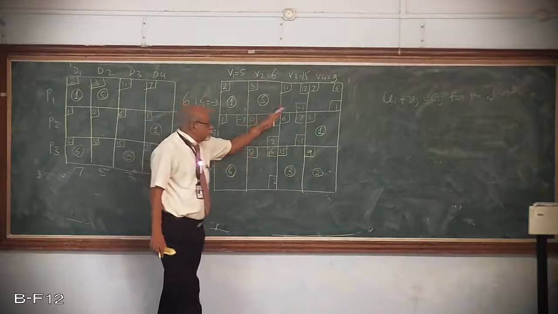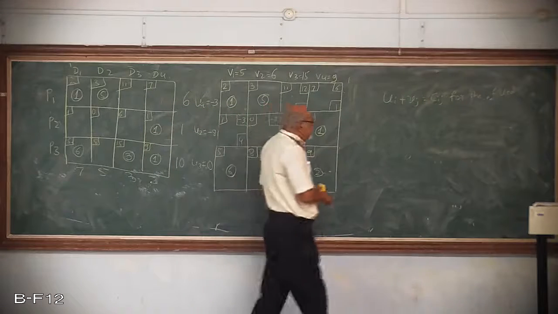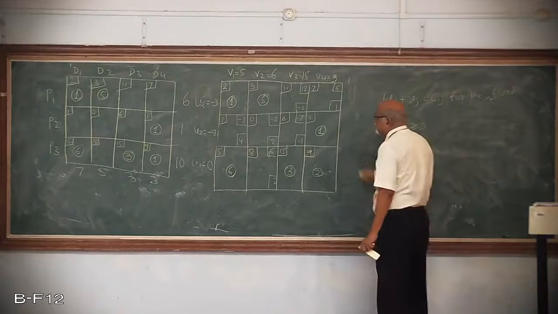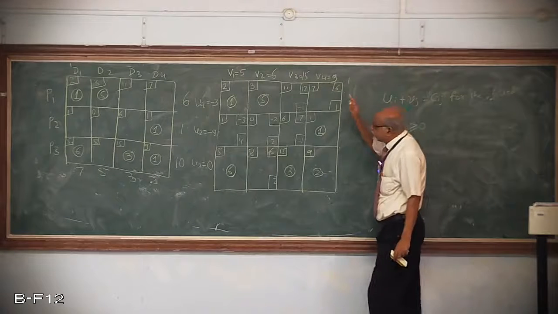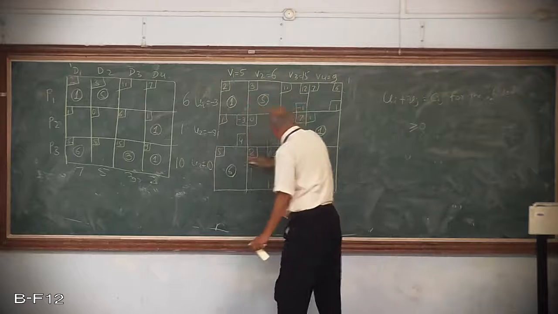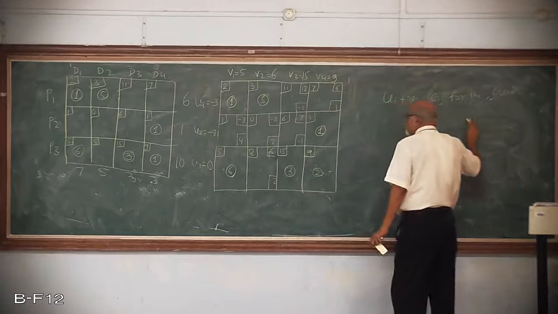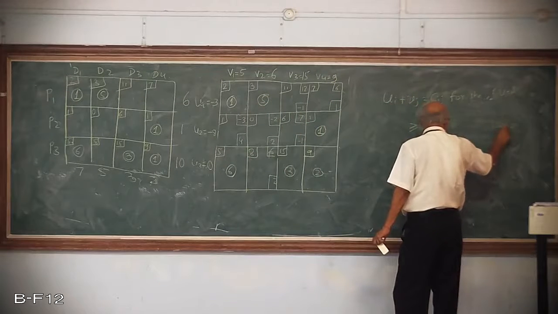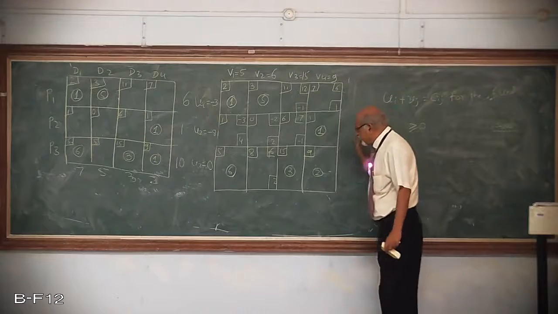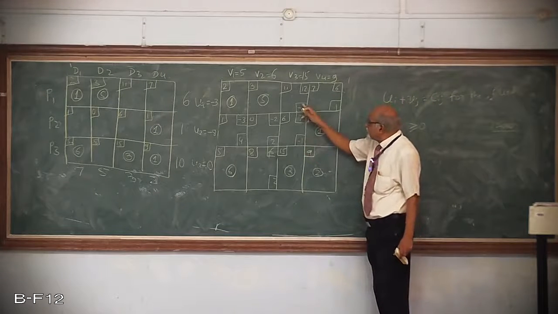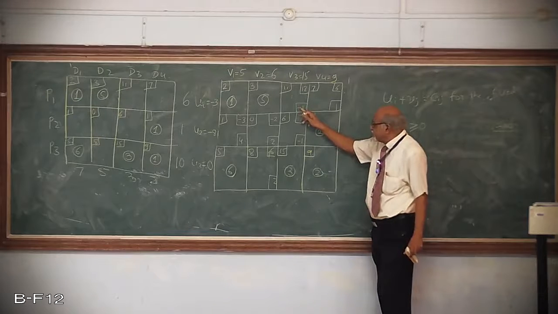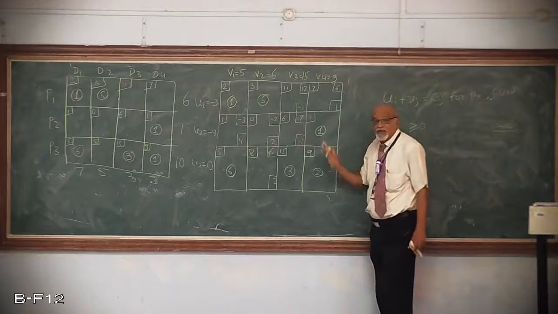If all these marginal costs were greater than or equal to 0, then the optimal condition would have been reached, and the present solution, whose value is 102 into 10 to the power of 2, the total transportation cost, would have been the optimal. But here we see that 2 of the empty cells have got minus 1 value.